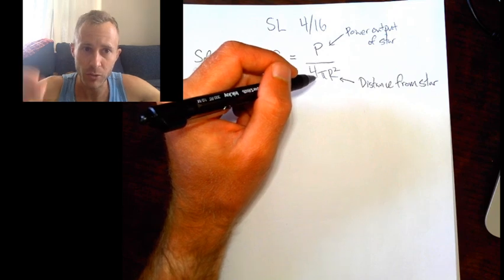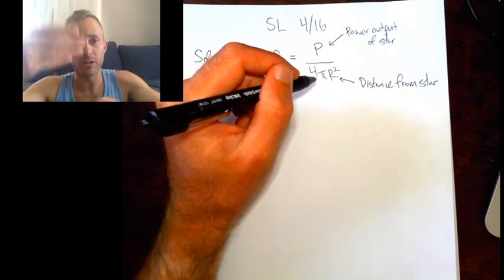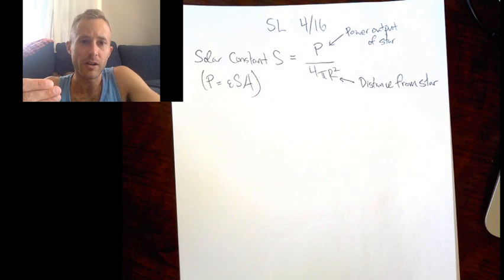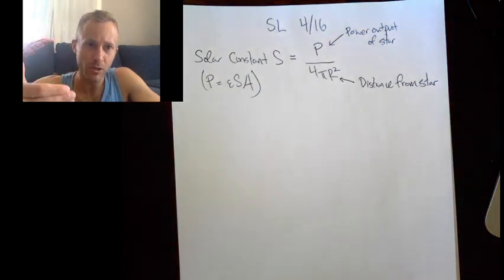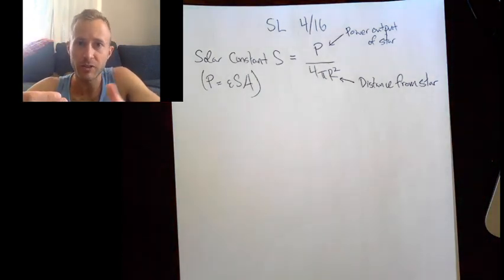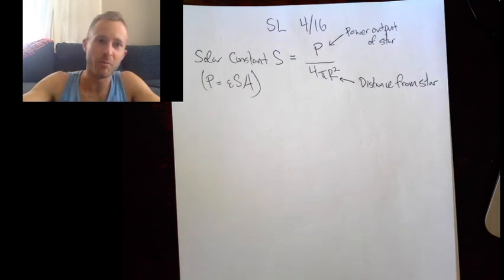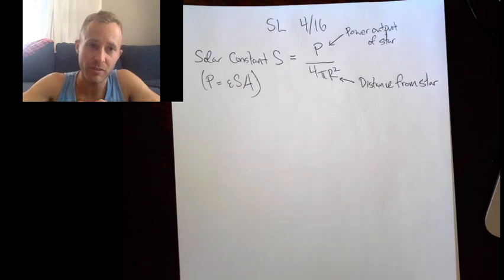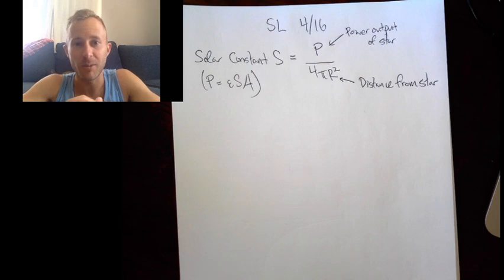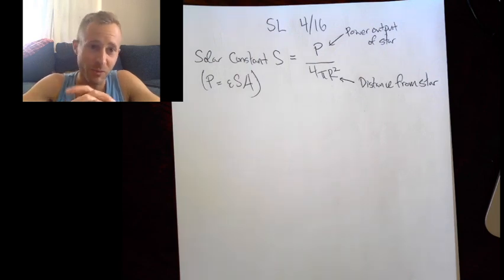Okay? So the solar constant at our current distance is about 1,000 watts per meter squared. If we were to move to half the distance to the sun, it would be 4,000 watts per meter squared, which would be significantly more.